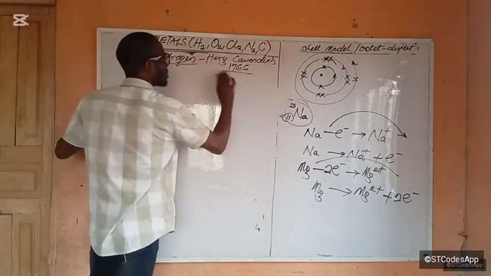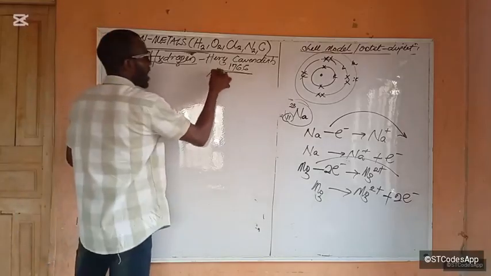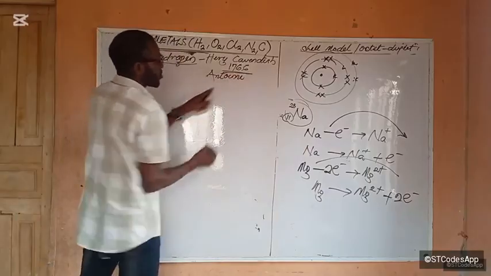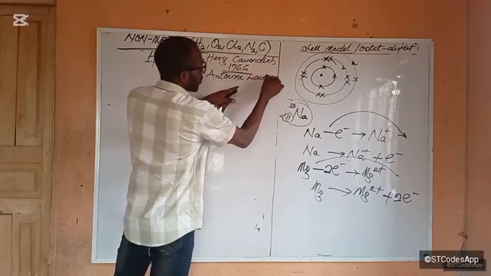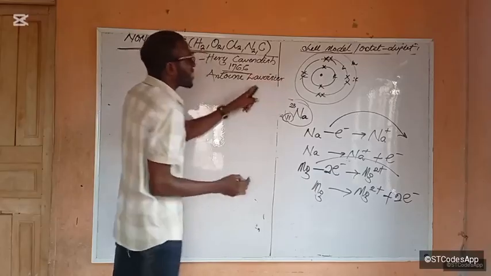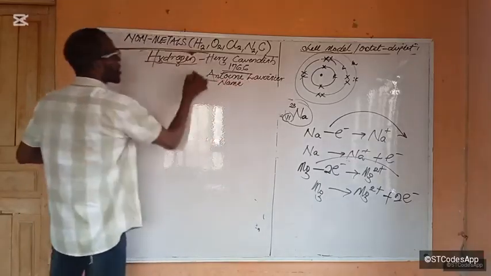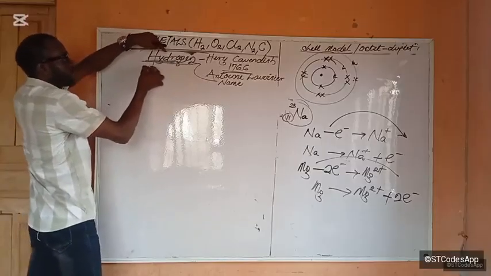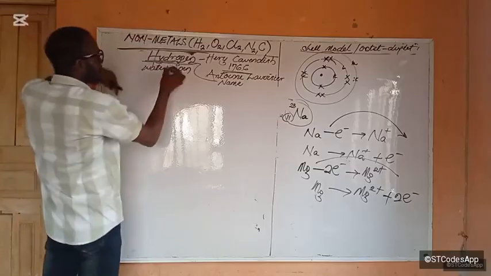But it was not until 1772 or so that Antoine Lavoisier was the one that now named it. He named it hydrogen because there are two words here. Hydro means water, and gene means former. Water former.